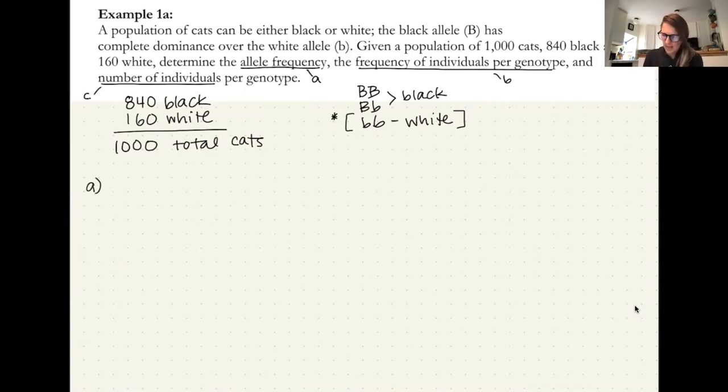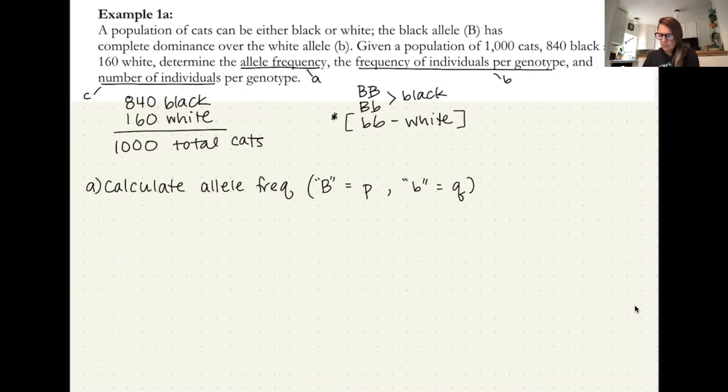For part A, we need to calculate allele frequencies. When I mean allele frequencies, I mean how often do you see the big B, which is otherwise called the P, and how often do we see the little b, which is referred to as Q.